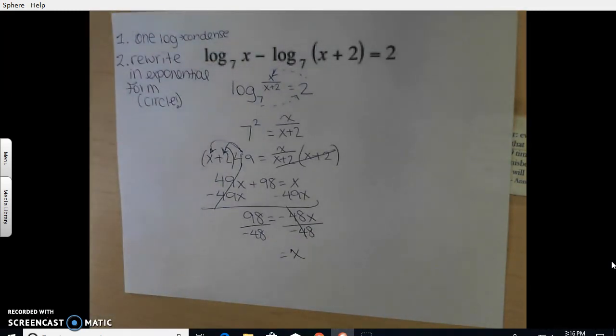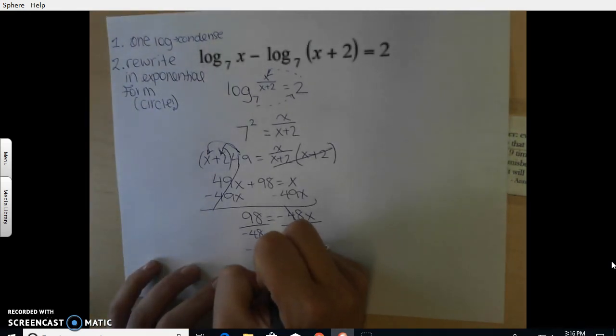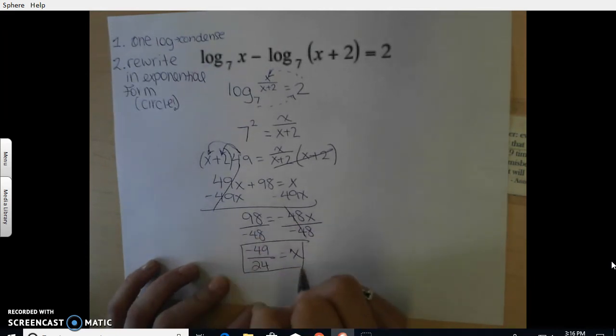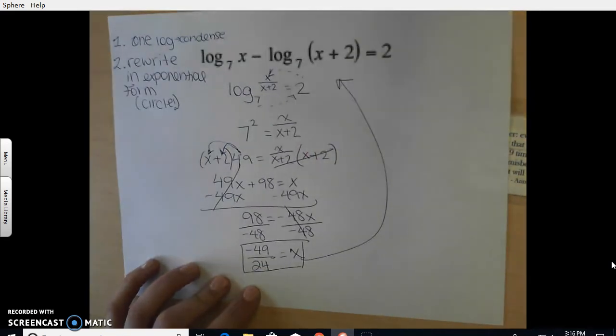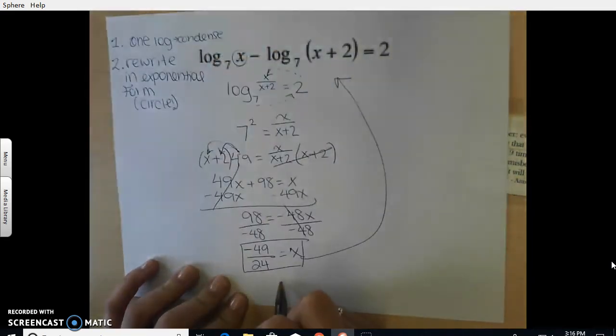And x is equal to 98 divided by negative 48, which is negative 49 over 24. I check. When I plug in, I have a negative log. Therefore, we have no solution.